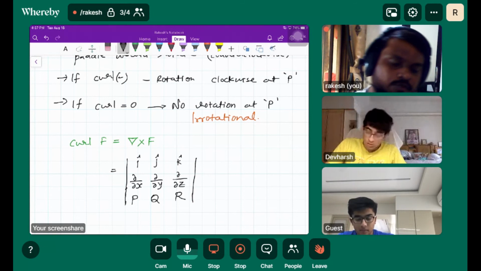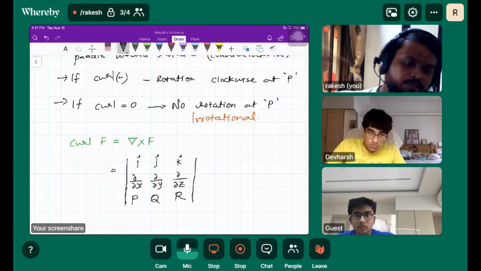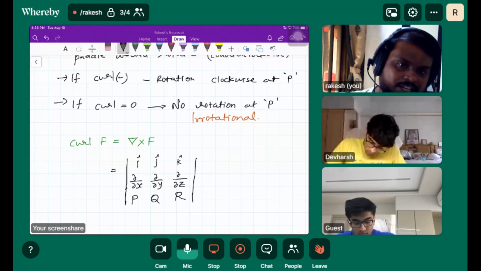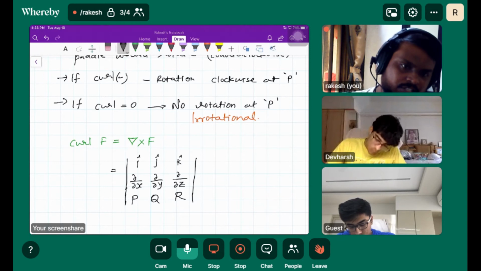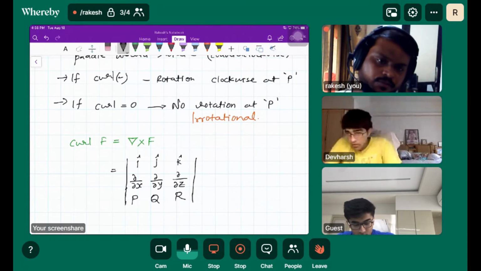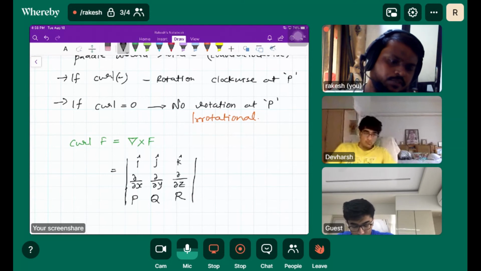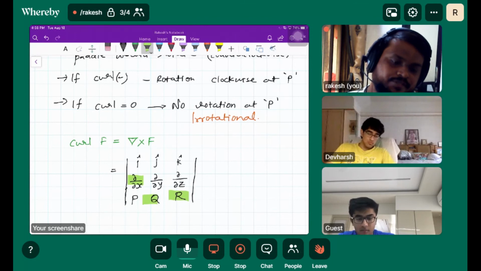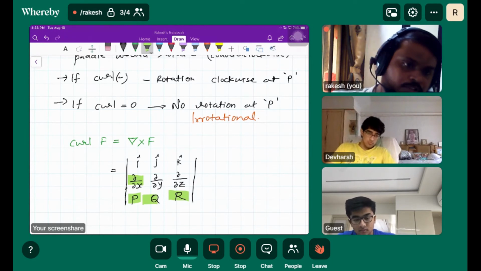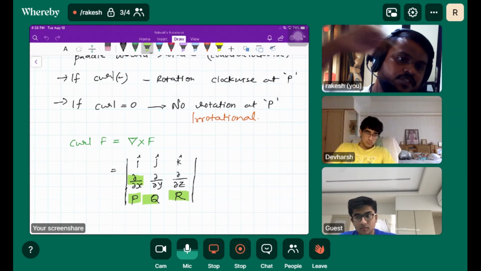I have purposely written p, q, r in the third row because when we find this vector product, the partial operator, like del by del x, has to be applied on r, q, and p. If I had written pqr in the second row, then this operator wouldn't work properly.